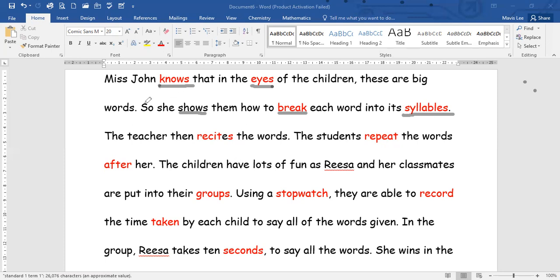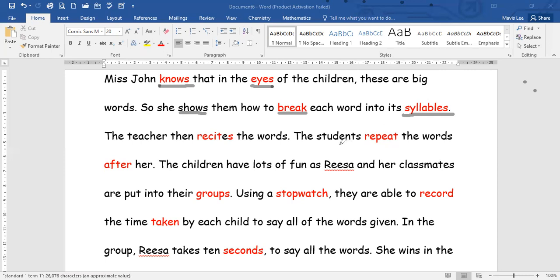So let's read what Miss John is trying to do. Let's start from Miss John. Miss John knows that in the eyes of the children, these are big words. So she shows them how to break each word into its syllables.